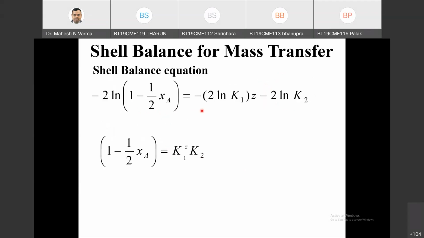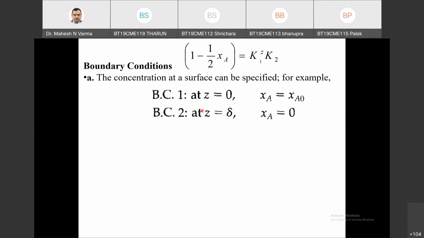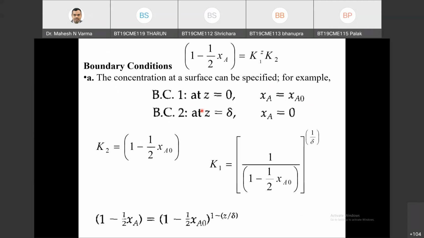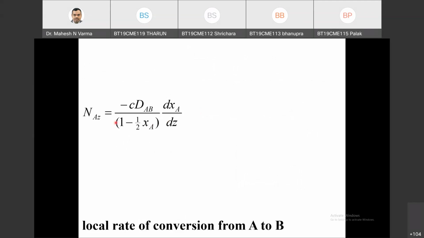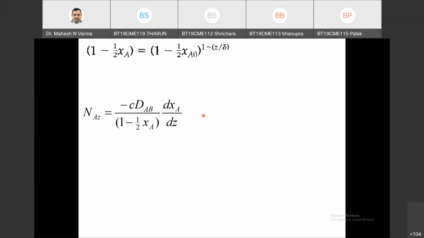Okay, this is what we do in all the problems. This is K1 and K2, so this is what NAZ is. This 1 upon 1 minus half xa, dxa by dz, will be equal to 2 ln K1.